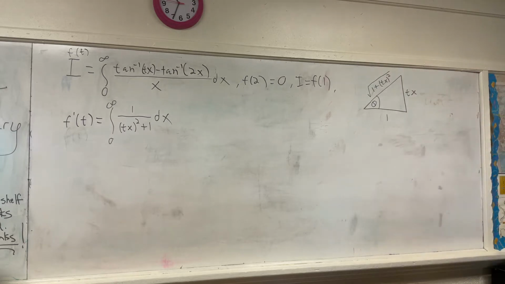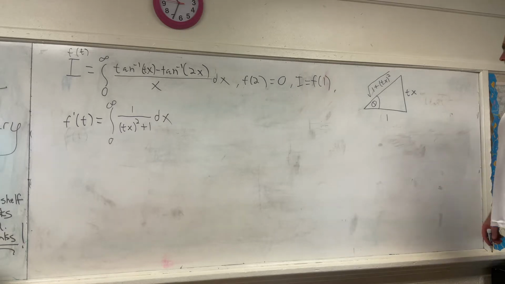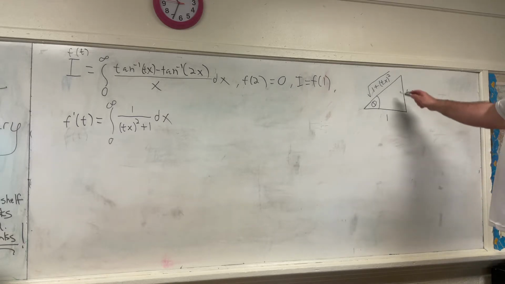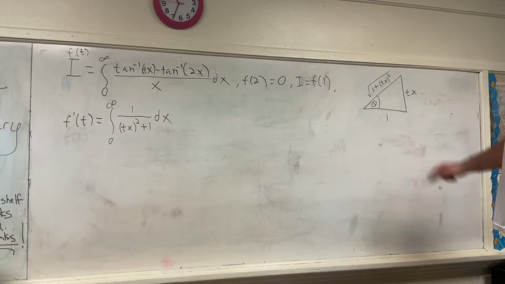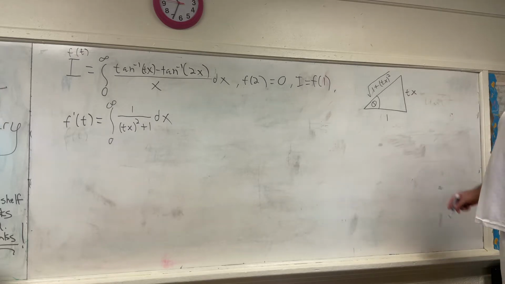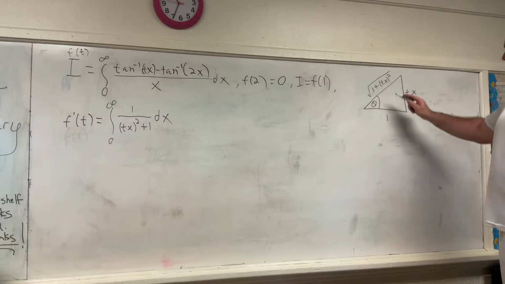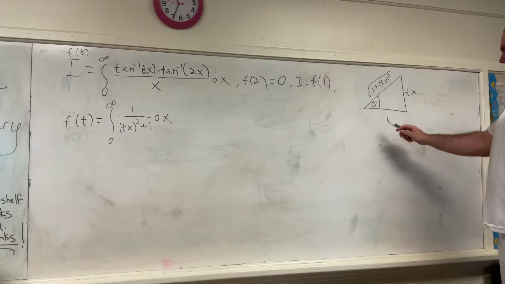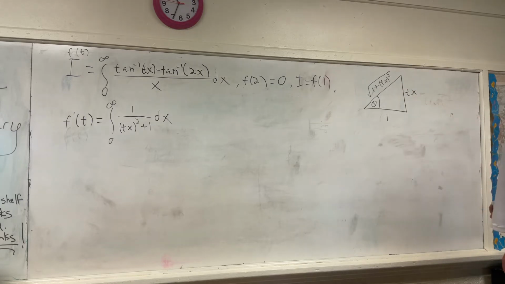You can see that's a valid triangle. It satisfies the Pythagorean theorem. So now we can see that based on this triangle, secant is this over this, hypotenuse over adjacent.